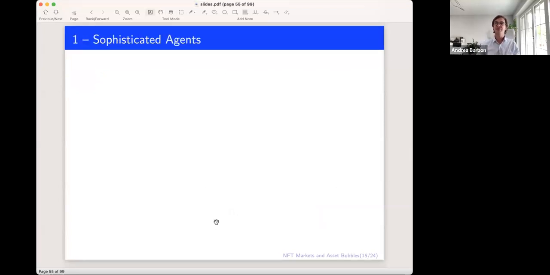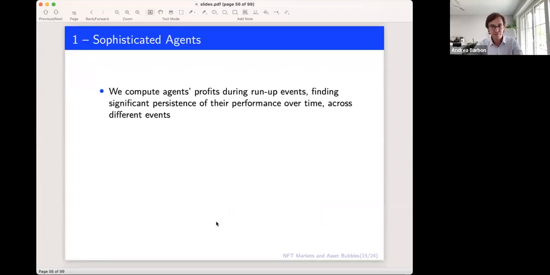All right, so let's start from sophisticated agents. First, we compute the profits of agents of different wallets during our run-up events. And we find that there is a lot of persistence of performance over time. It seems that some users are doing very well, so they can make money during these price run-up events, while some other ones are consistently losing money.